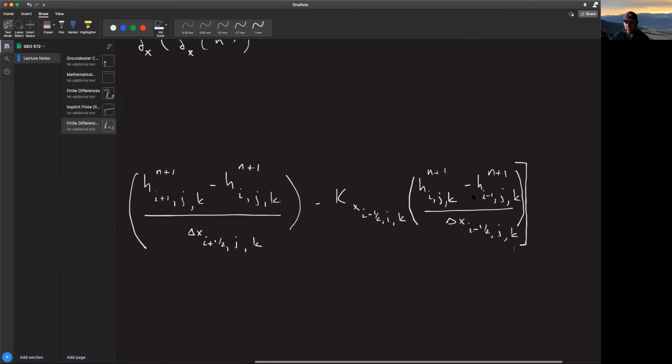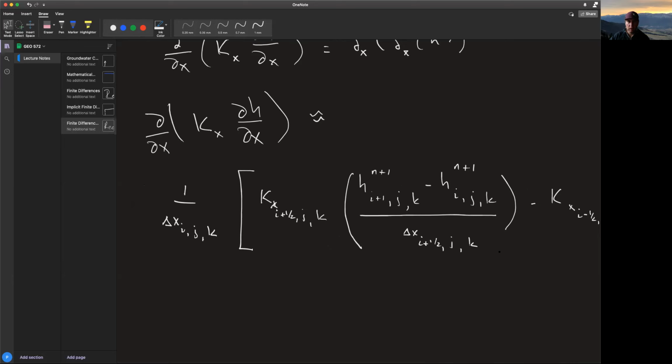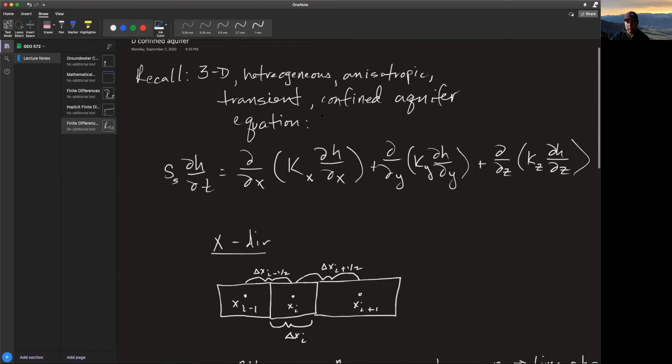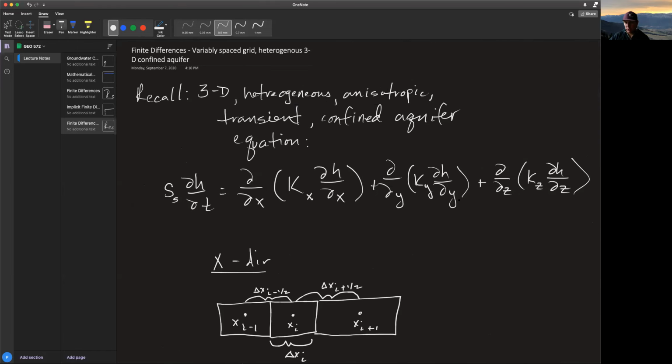And then here we have the current location minus the previous location. All right. And that is the finite difference form of this term. And it turns out you can do this for each one of these directions. So we just wrote it out for the x direction. We can do it for the y and the z.